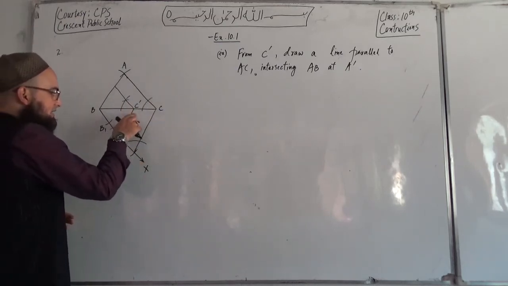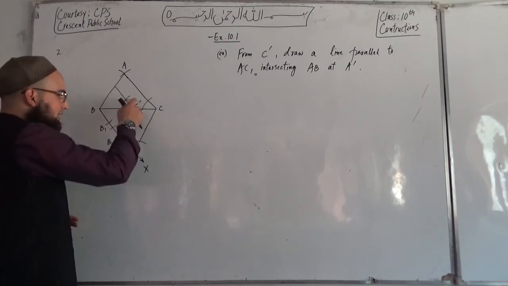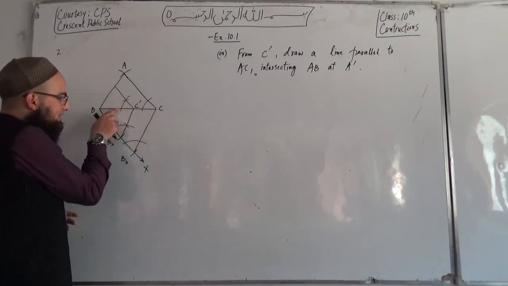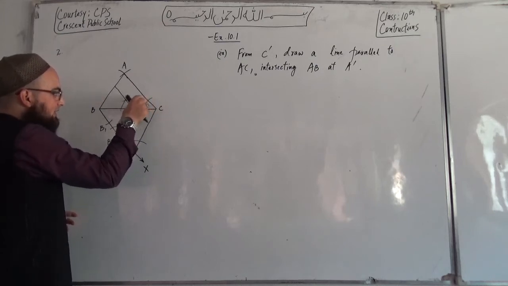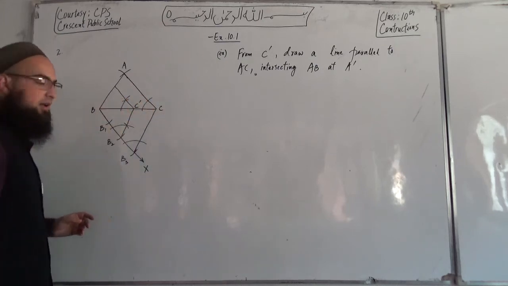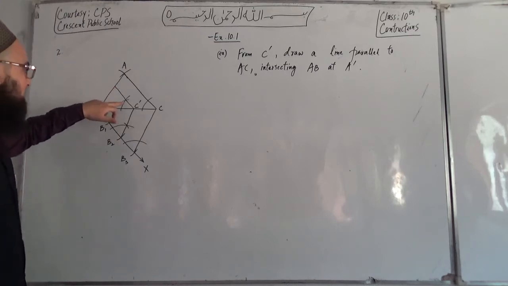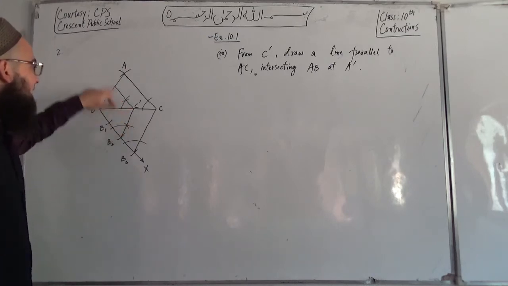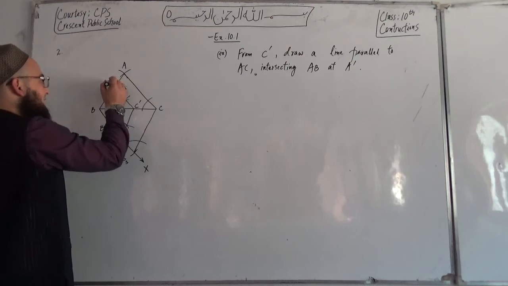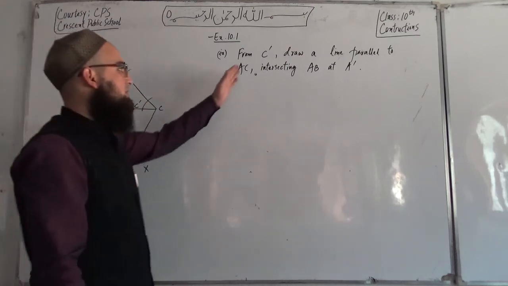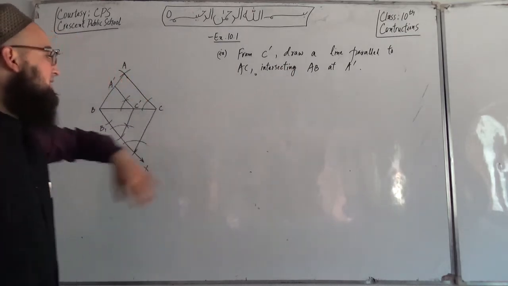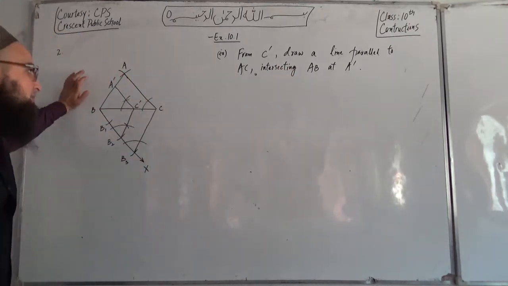Then with C dash as center, draw an arc with the same radius. Then with this point as center and this radius, draw an arc intersecting that arc at some point. Then join C dash and that point, and you'll get a line parallel to AC. Let's name this A dash. So from C dash, draw a line parallel to AC intersecting AB at A dash.